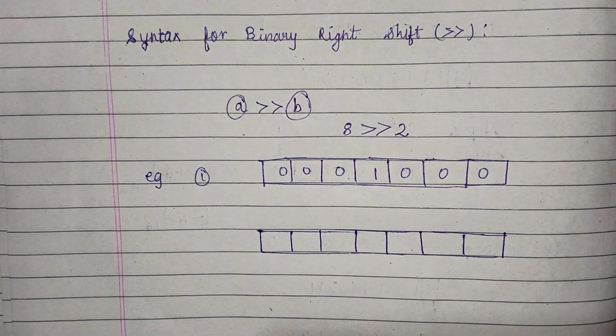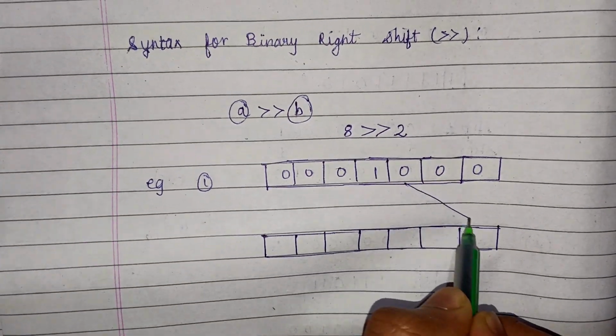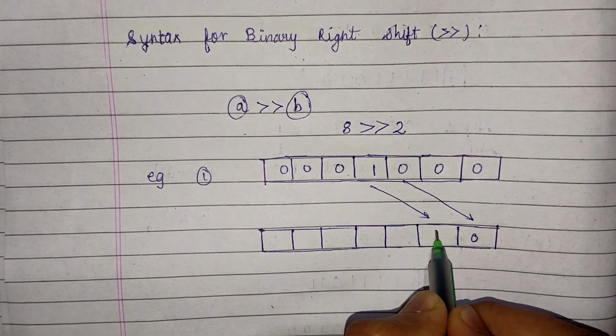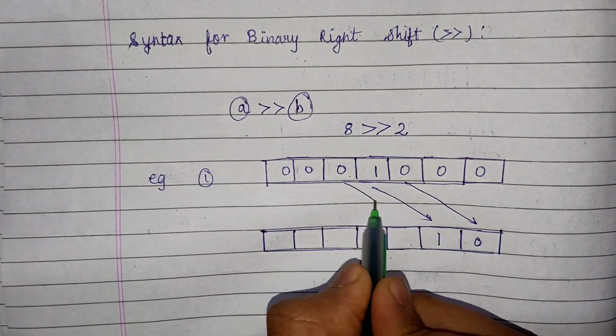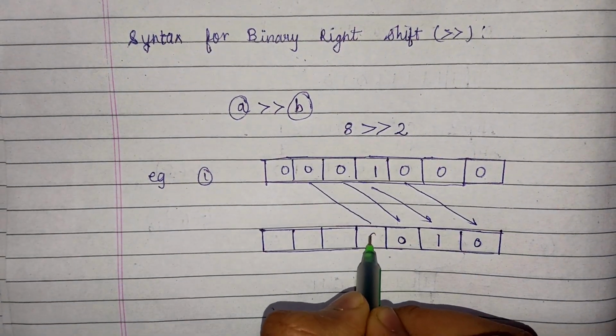We shift 2 bits to the right side, so this 0 will come here, then 0, then 0.